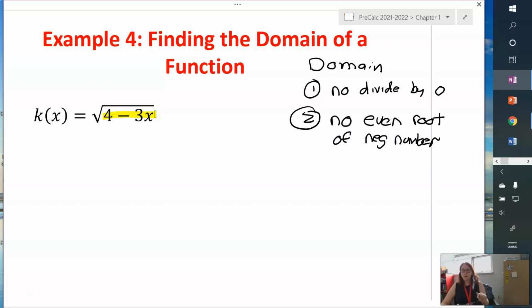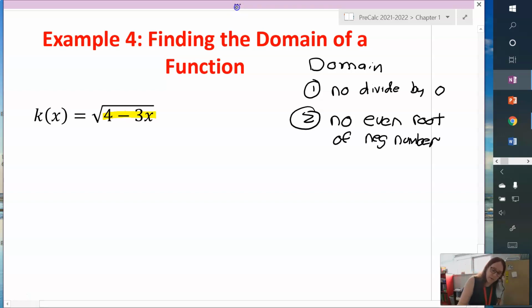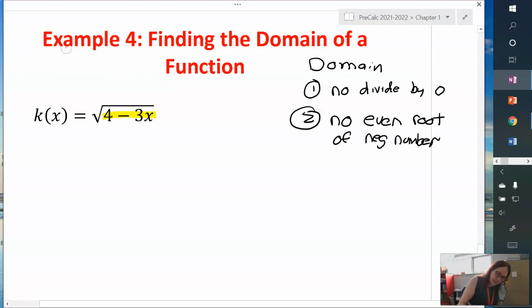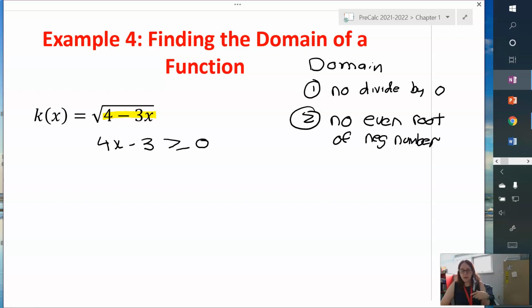That's an even root. I cannot allow 4x minus 3 to go negative. So I'm going to say 4x minus 3 has to be greater than or equal to 0. It's okay to take a square root of a 0. It is not okay to square root a negative. So therefore my 4x minus 3 has to be greater than or equal to 0.